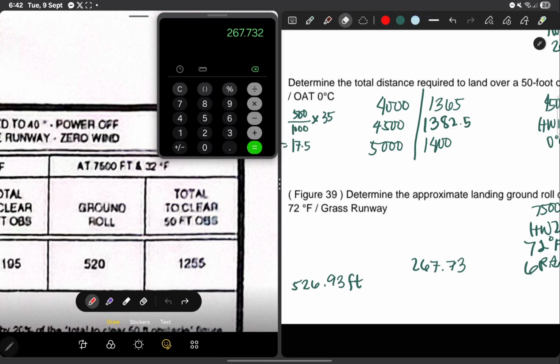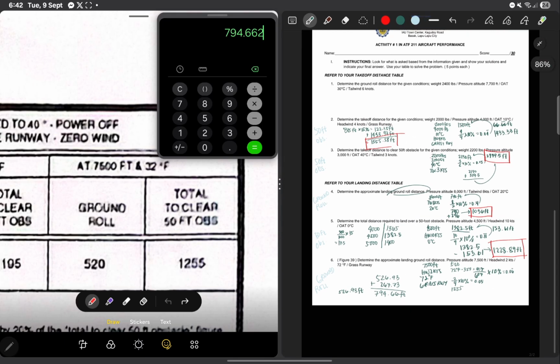So 526.93 plus 267.73. Let's put that into our calculator. That equals 794.66 feet.